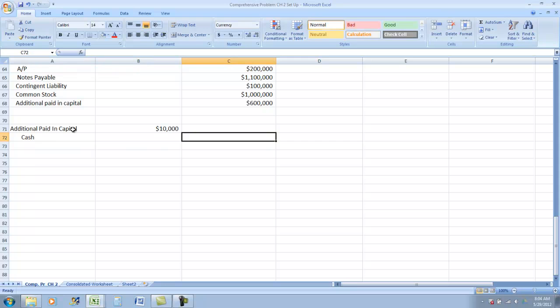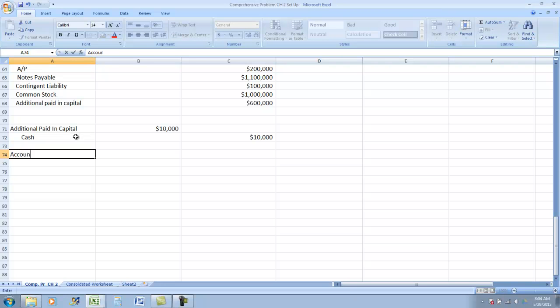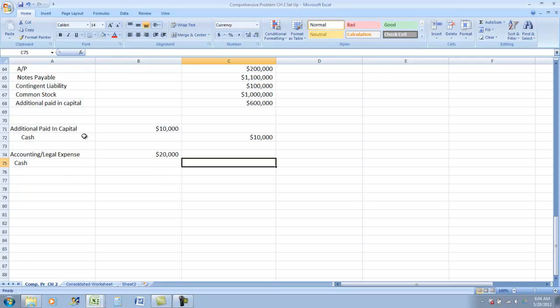And we, of course, reduce cash because we actually pay these. And then the accounting and legal fees, we put that to expense. It's 20,000. And we remove the cash.